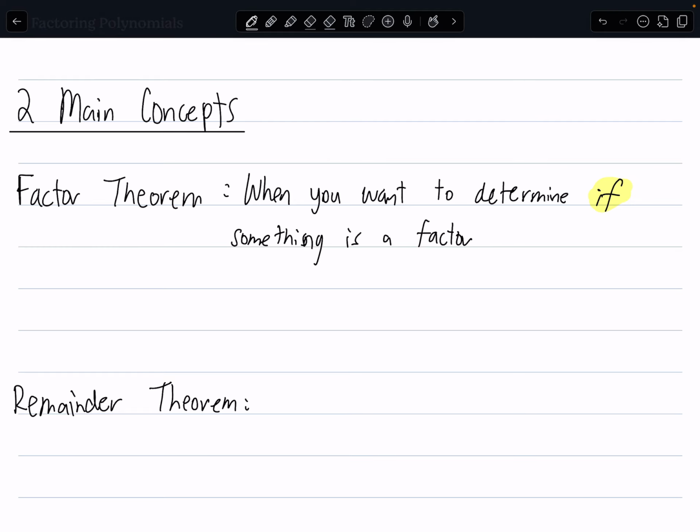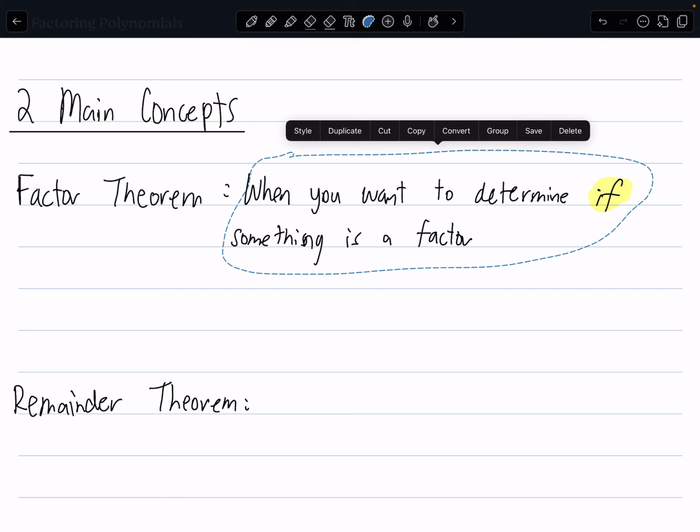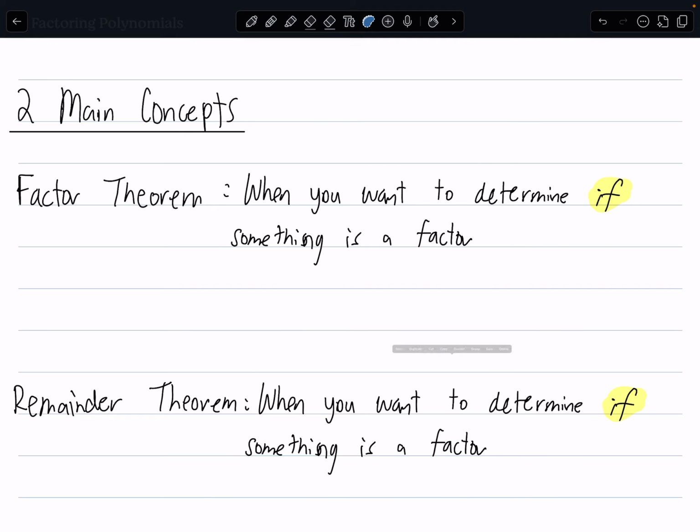Remainder theorem, on the other hand, is used when you want to determine the remainder. So with factor theorem you're determining if something is a factor, and remainder theorem is when you want to actually determine what the remainder is.